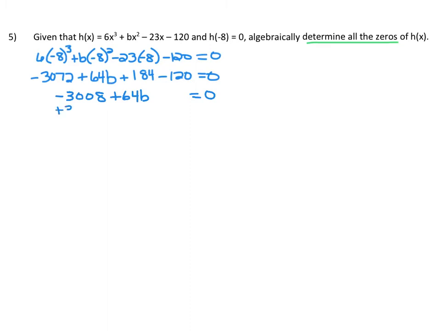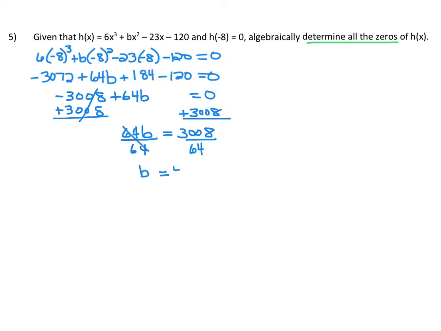So let's first add 3,008 to both sides of the equation. That leaves me with 64b equals 3,008. And then just divide by 64. So it leaves me with b equals 47. That's what b is equal to.